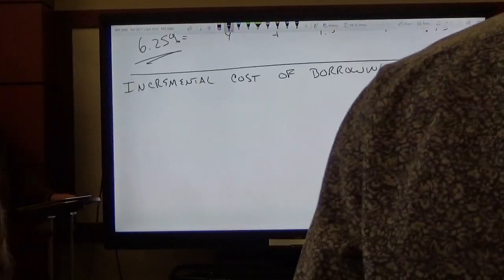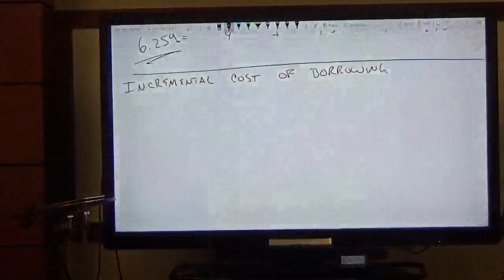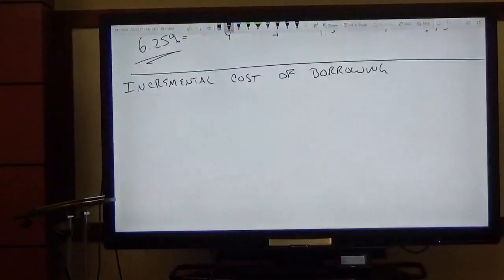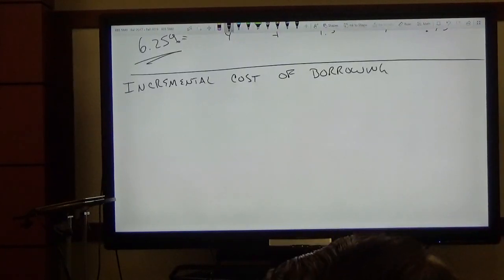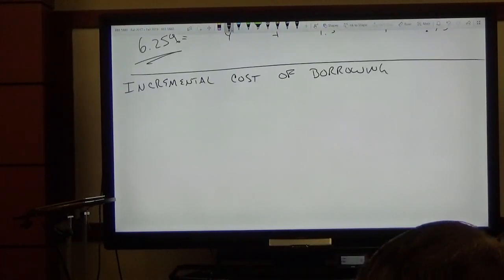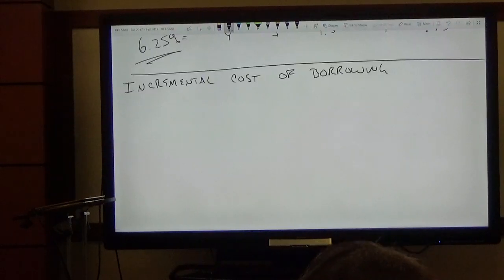Whenever you're trying to make these borrowing decisions, you want to explore a situation where one lender will offer you a certain amount of money at a certain interest rate, and another lender will offer you a different amount at a different interest rate.